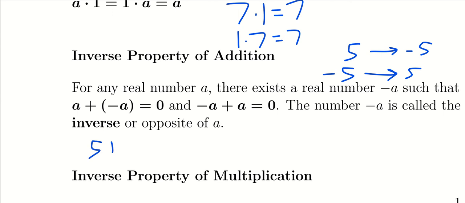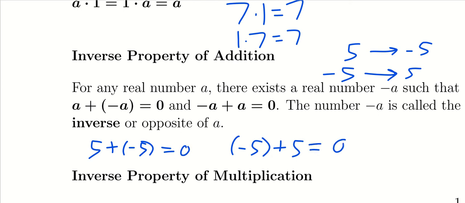If you take 5 plus negative 5, or if you do negative 5 plus positive 5, both of these result in the additive identity 0. And so we would say that those two numbers, 5 and negative 5, are additive inverses of each other. For addition, it's very simple to find the additive inverse. All you're doing is finding the opposite of the number.